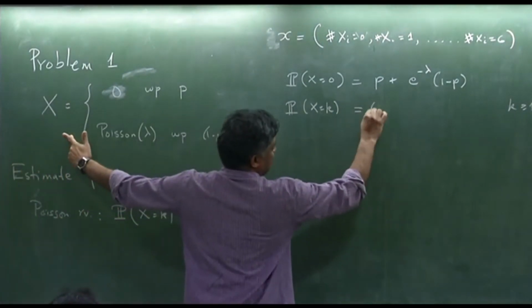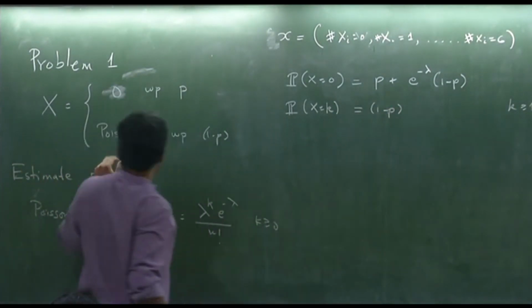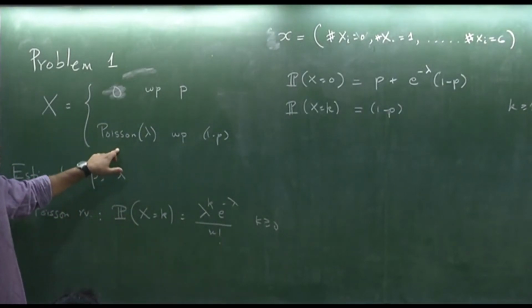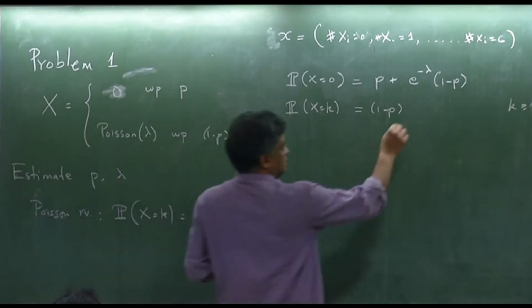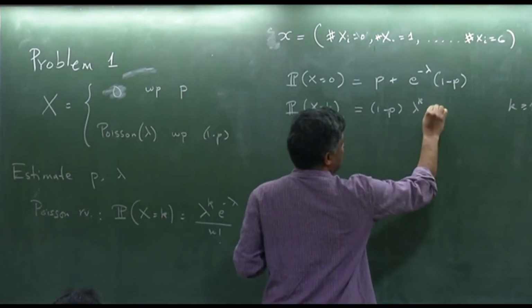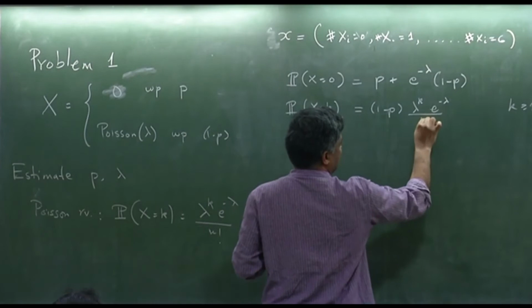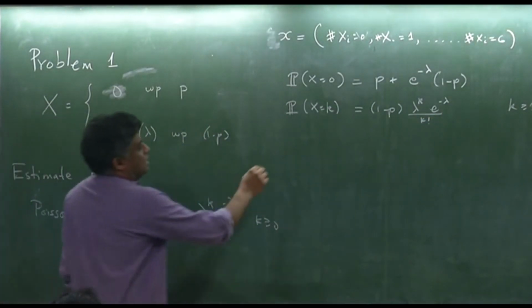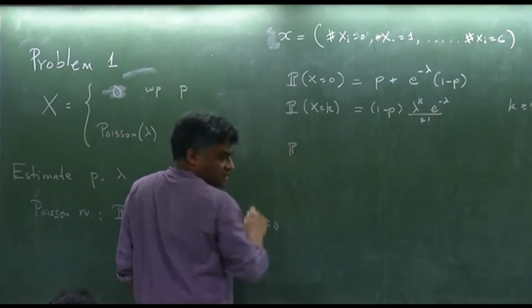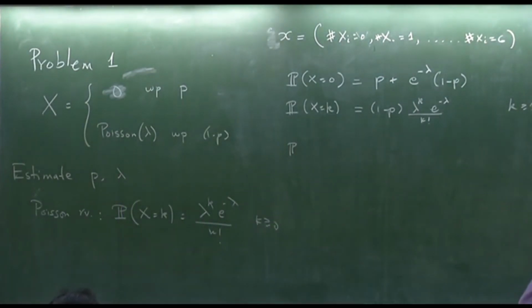With probability 1 minus p. And once I've landed here, what is the probability of getting k from a Poisson random variable? Lambda to the power k e to the minus lambda divided by k factorial. All right? Perfect. Now, what is the likelihood of the data now?